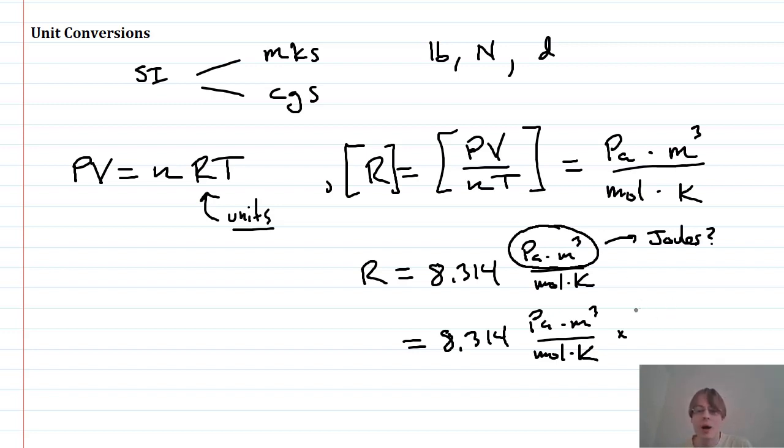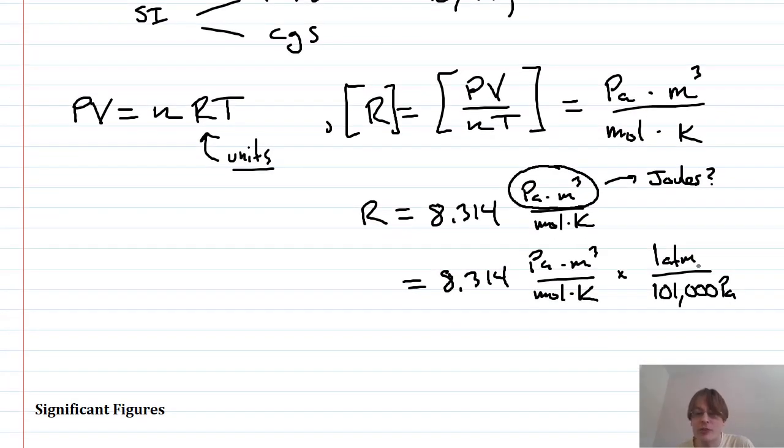Okay, so I want to replace pascals with atmospheres. So I'll take 1 atmosphere. 1 atmosphere is the same thing as about 101,000 pascals. And notice how I put pascals in the denominator, so it'll cancel the pascals in the numerator, and I'll be left with something in atmospheres.